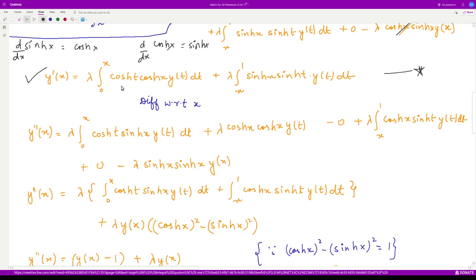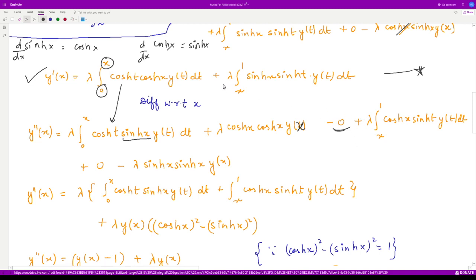So cosh t as such, cosh x derivative, it's sinh x, then y t as such, dt as such, then plus lambda times the derivative of the upper limit, that is 1, and then cosh of the upper limit, cosh x as it is, and instead of y t we have y of the upper limit, y of x, and minus the derivative of this lower term, that is 0. So this whole term becomes 0.